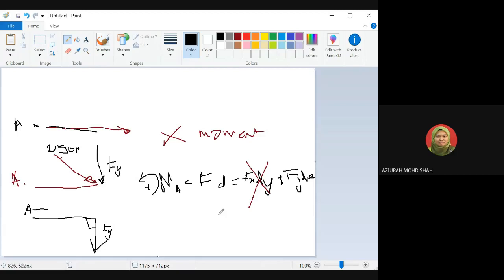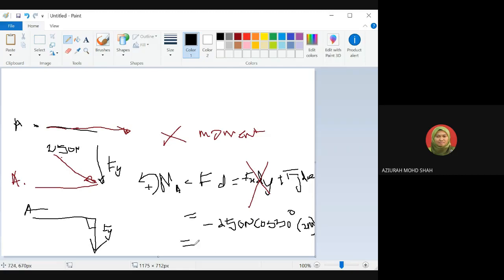Jadi sebab apa clockwise? Sebab kita assume counterclockwise. Okay, contohnya beginilah. Kita kata ni negatif 250 Newton, tadi kita kata cos 30, okay, times dengan 2 meter.